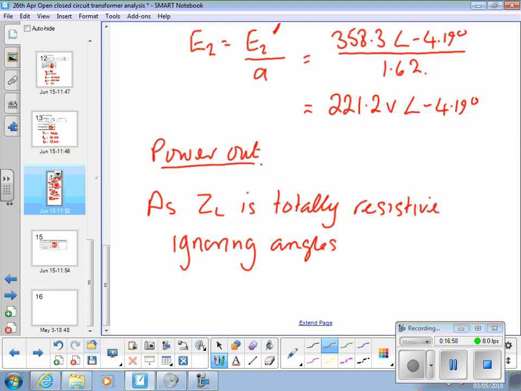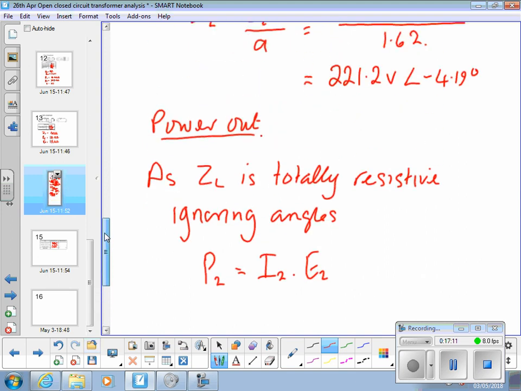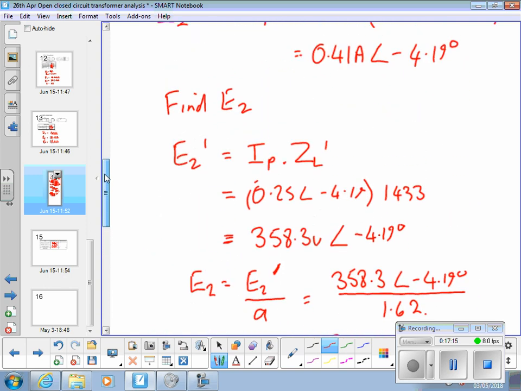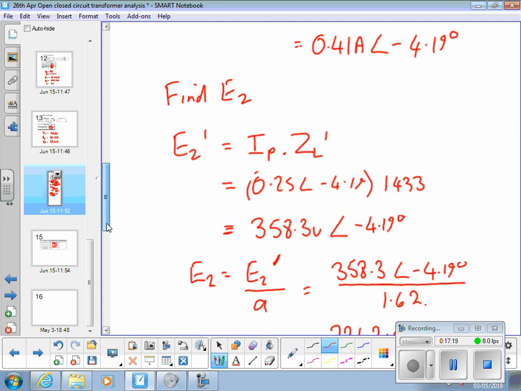With a pure resistance, P2 is equal to I2 E2, the magnitudes of, which are 0.41 and 220 something.